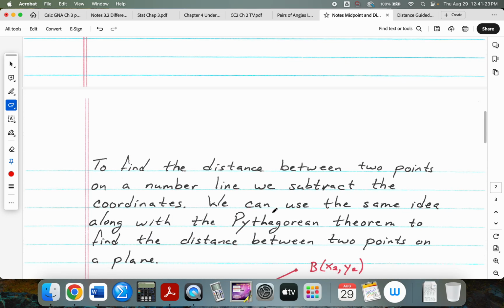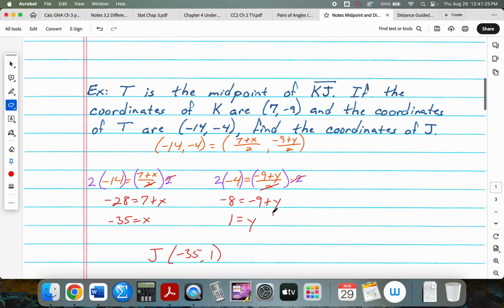So why do you put 7 plus x over 2 and negative 9 plus y over 2 and not negative 14 plus x over 2, or negative 4 over 2?